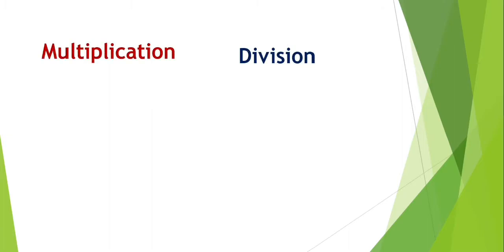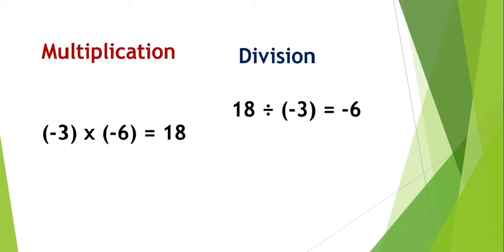Similarly, see another example. Here I am taking two negative integers, minus 3 into minus 6. Already we know that in multiplication, minus into minus is plus, and 3 sixes are 18. Now see the division. When we divide 18 by minus 3, 18 divided by minus 3 is minus 6.